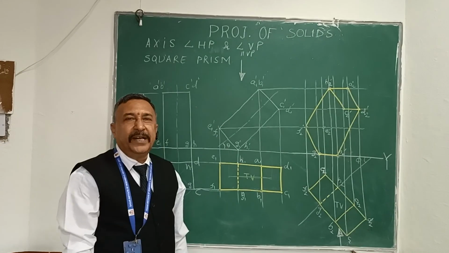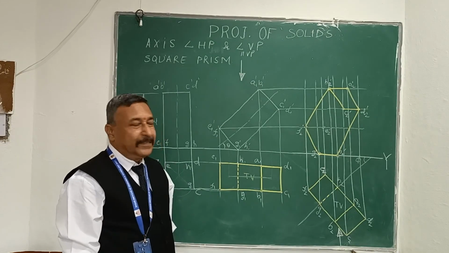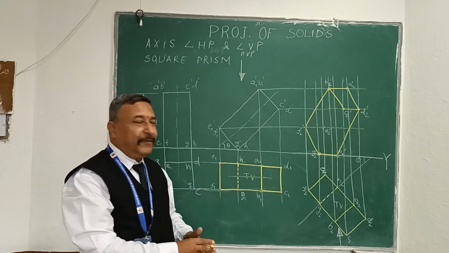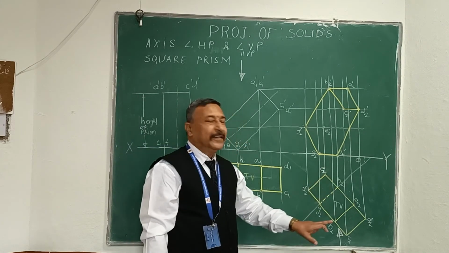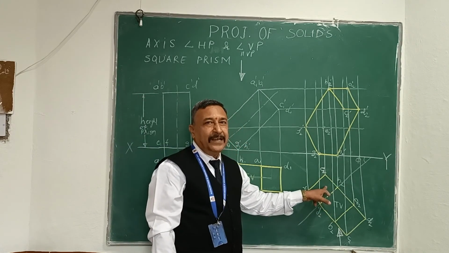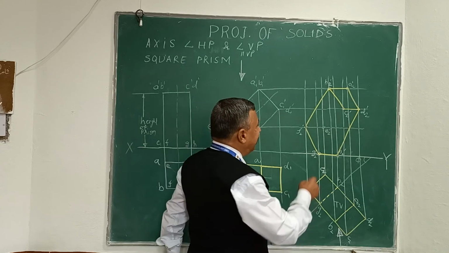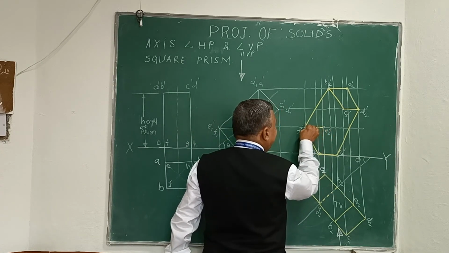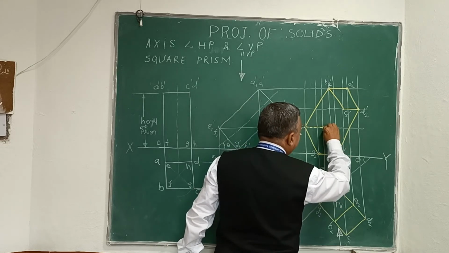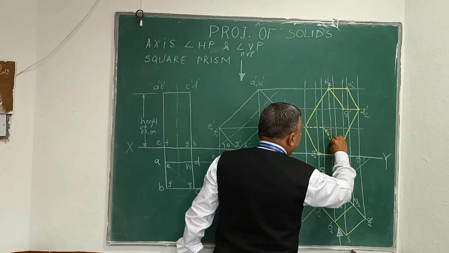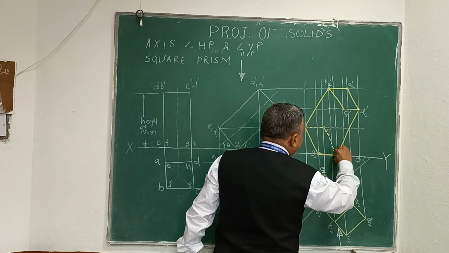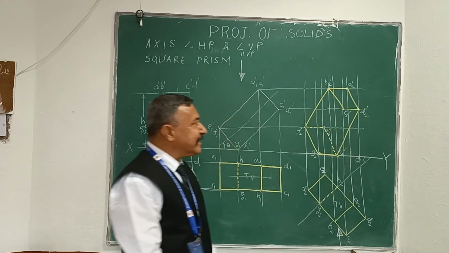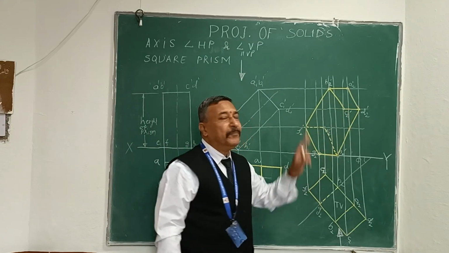So we have to complete these outer lines. Now the remaining lines, starting from the base, the remaining lines of the base are invisible. That we can draw by hidden lines. In this way, we complete the second base. Now base number 1 and base number 2 are complete.